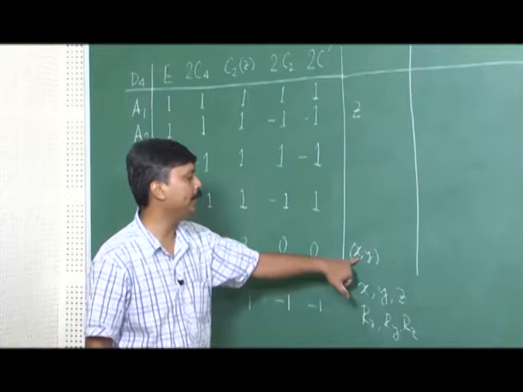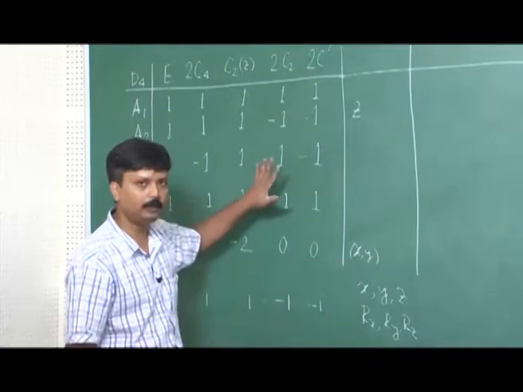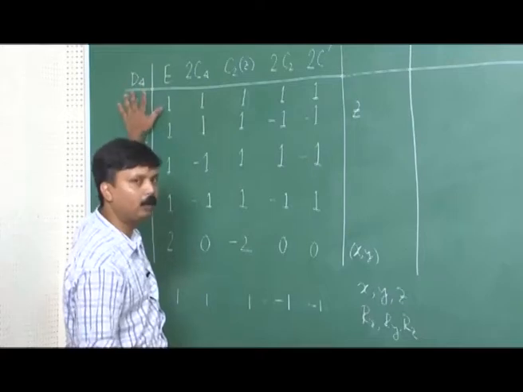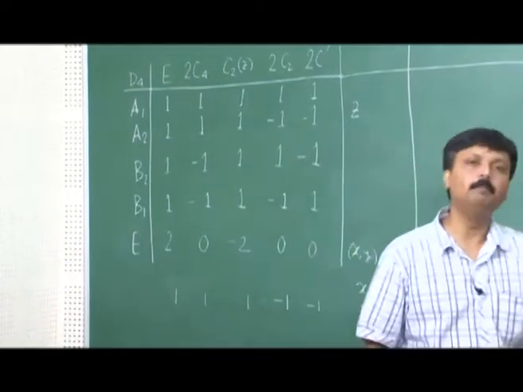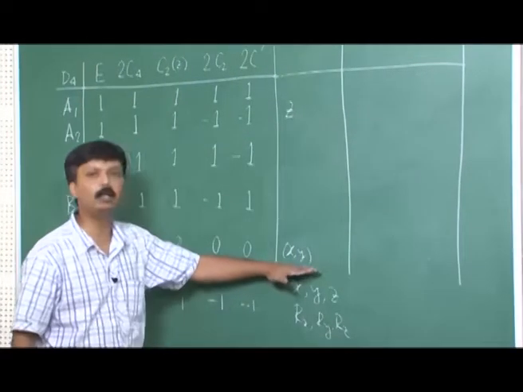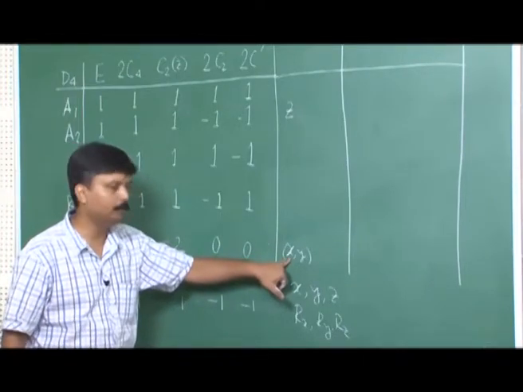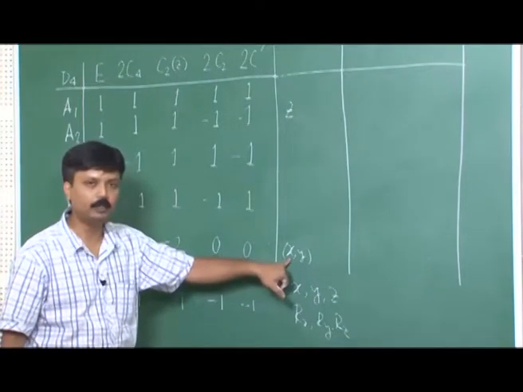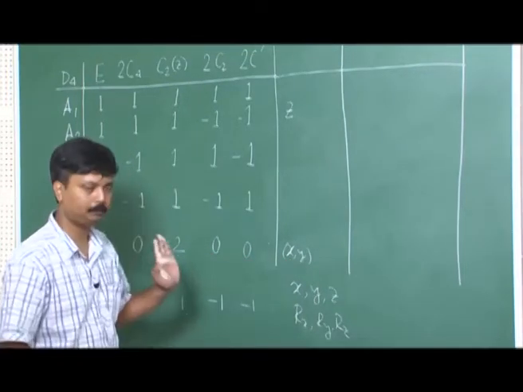So individual x or y cannot form a basis for any of the irreducible representations for this particular point group. For any other point group, it may, okay, but in this particular case they are not capable of working as basis functions individually. Okay, they transform together as E.